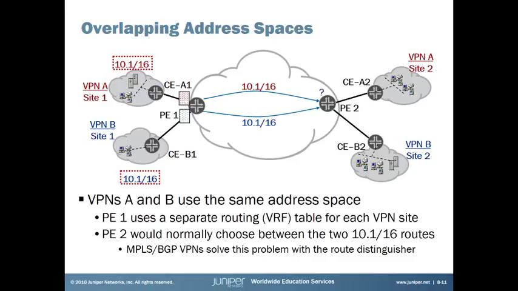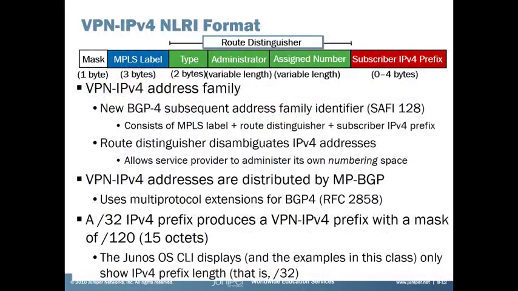Right? So what we have to do is have some mechanism of making these two routes different. And that mechanism is called a route distinguisher. This green bit here is a route distinguisher. Here's our original route that we started out with, the red bit.